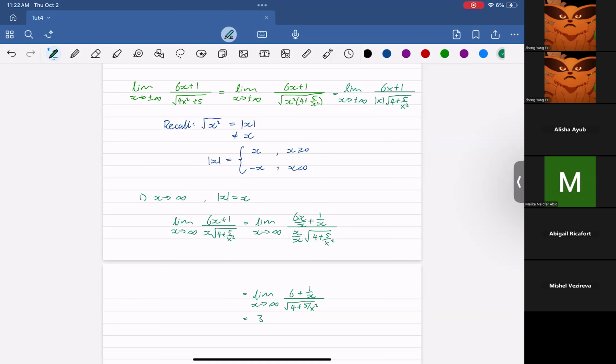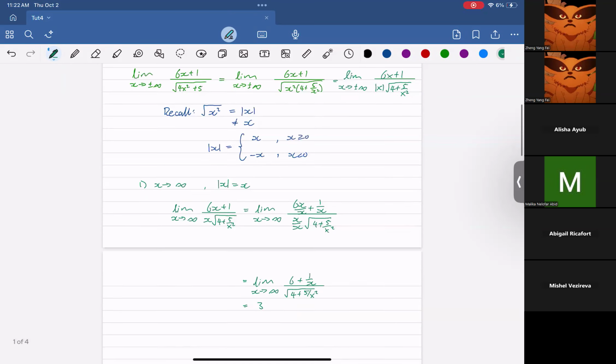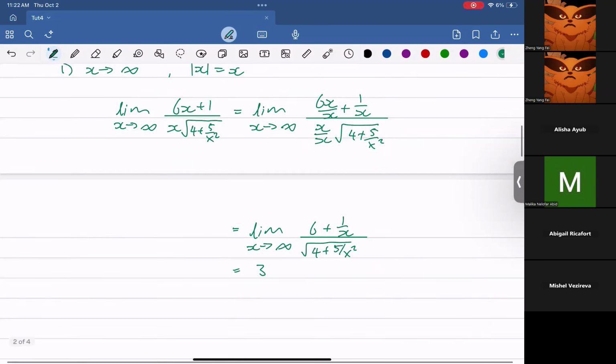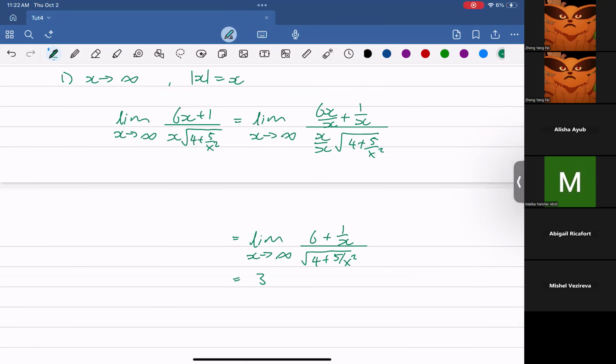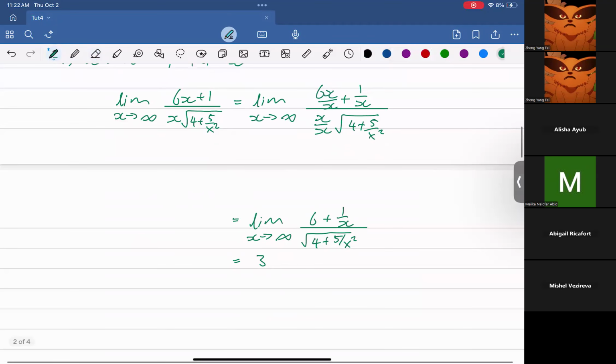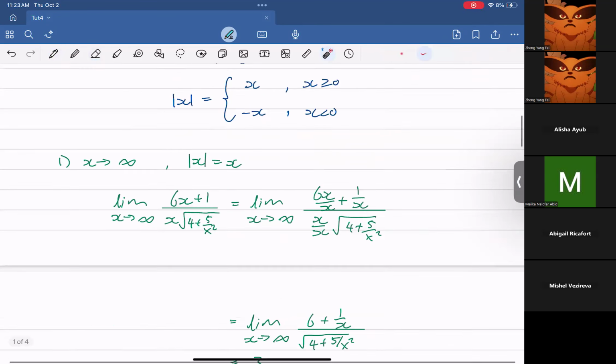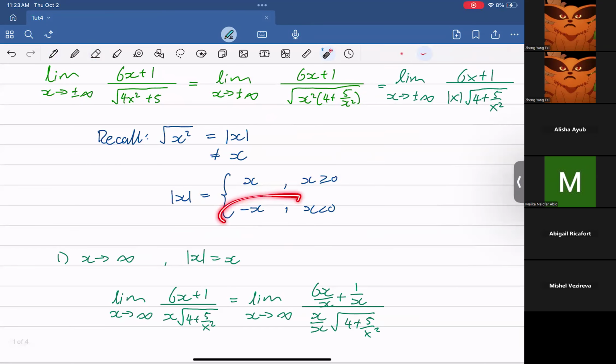Okay, let's go to the second case. The second case is when x is going to negative infinity. In this case, we take this branch, right?